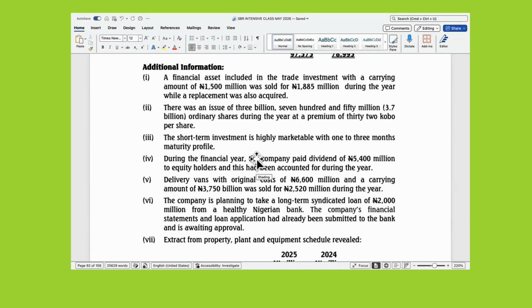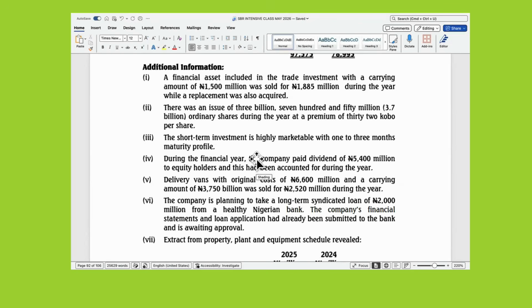Note 3 talks about short-term investment that is highly marketable with a 1 to 3 months maturity profile. What this is talking about is that the short-term investment in your statement of financial position is a cash equivalent, meaning you don't need to capture the movement here. It's a reconciliation item. It's cash on its own.